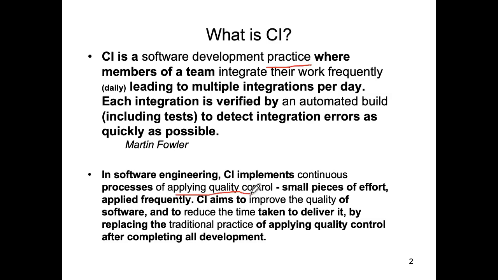And again, that relates to the idea that the quicker you identify bugs, the fewer bugs in an application, the better its quality. So it's just coming at the same issue, but from a quality perspective.